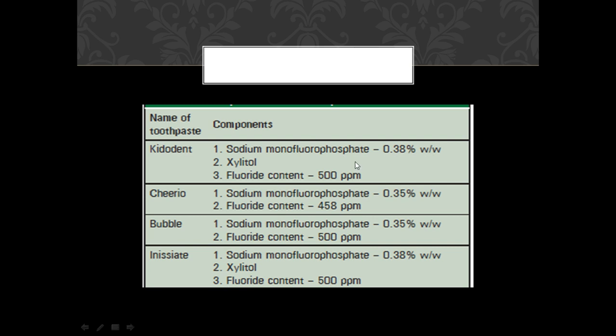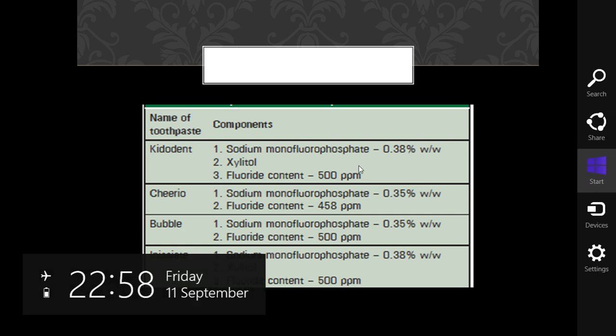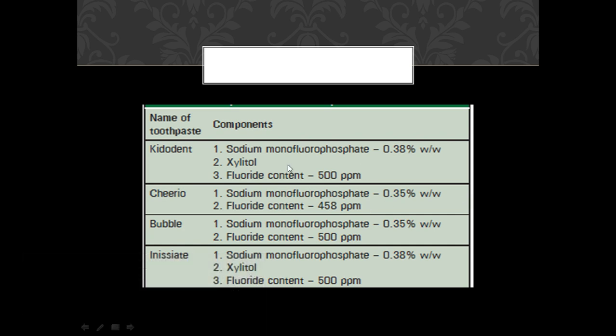And the fluoride content of the normal paste that we use, that is Colgate, Pepsodent, any adult toothpaste, will be around 1000 ppm. So these child pastes have half the ppm of the adult toothpaste. Another point you need to remember is whether the area is a fluoride deficient area, or whether optimal fluoride content is there in the water in that area, or it is under fluoridated. So the fluoride content of the water in that area also plays a role in prescribing a paste for a child.